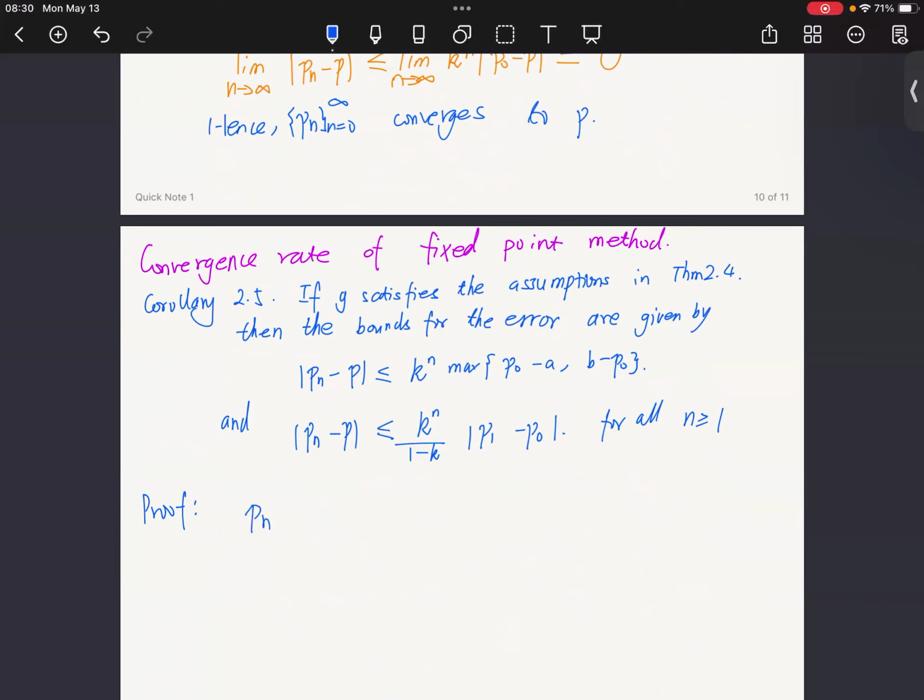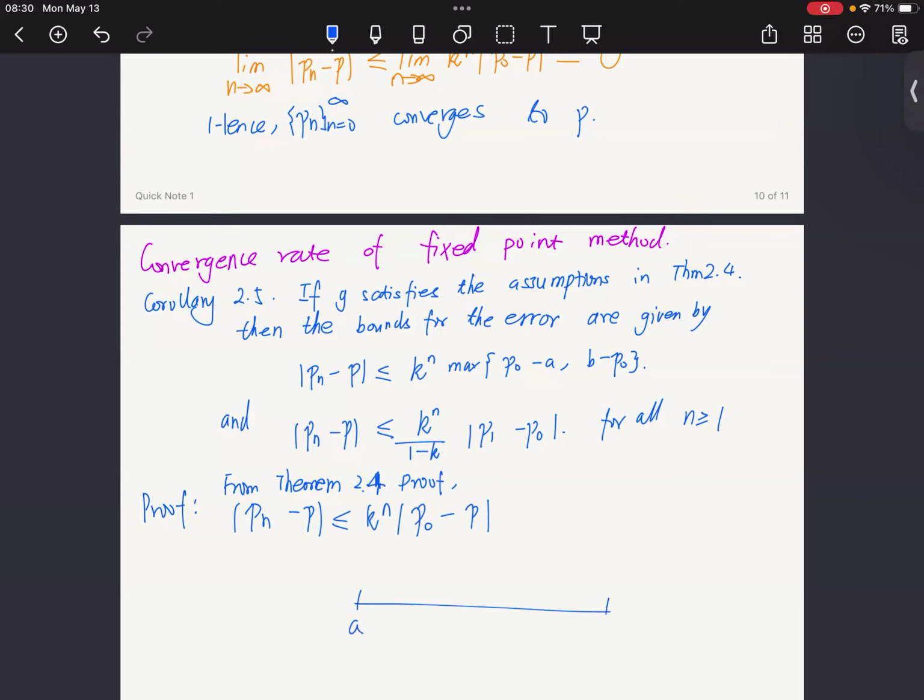From the Theorem 2.4 proof, we have Pn minus P is bounded by k^n times P0 minus P, where P is the true solution.